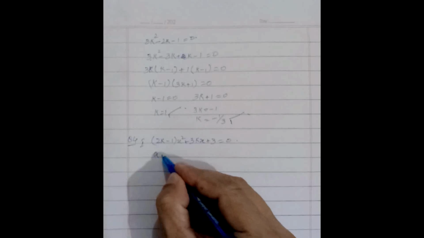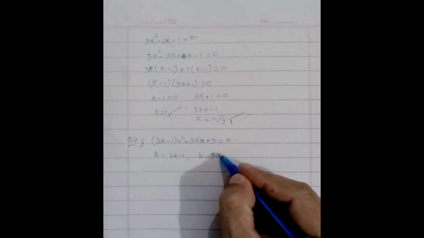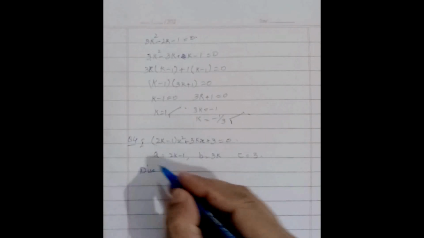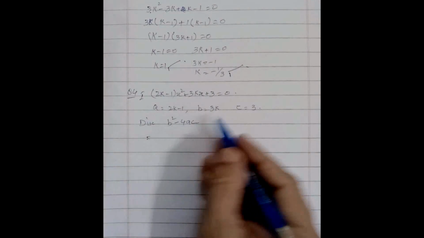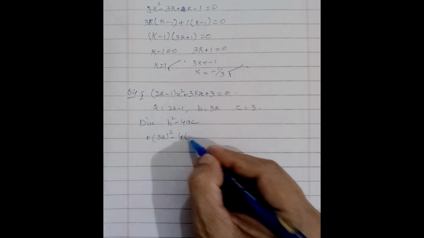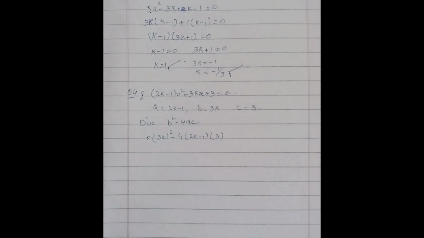In this quadratic equation, we find the discriminant. a is equal to 2k minus 1, b is equal to 3k, and c is equal to 3. And we know that the discriminant is b square minus 4ac. So we put the value of a, b and c in the discriminant, which is (3k) whole square minus 4 into (2k minus 1) into 3.